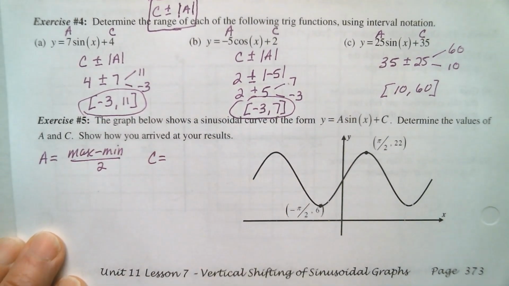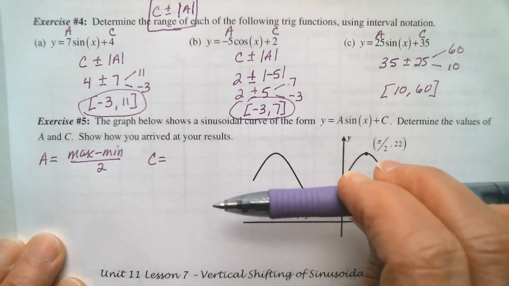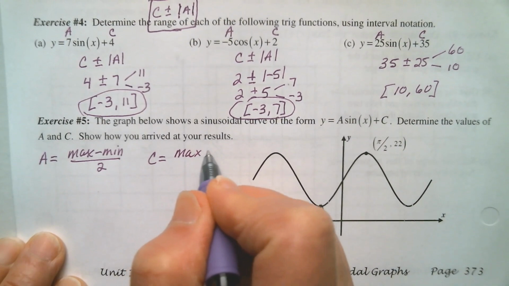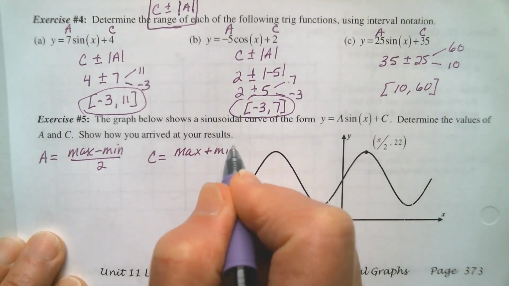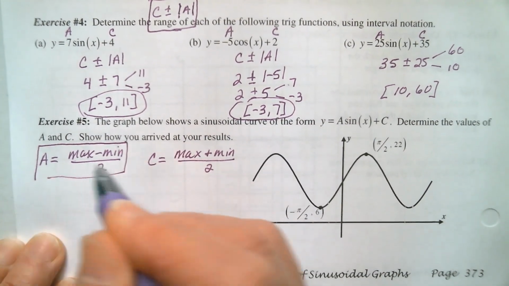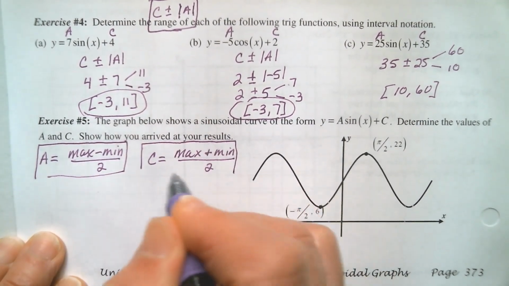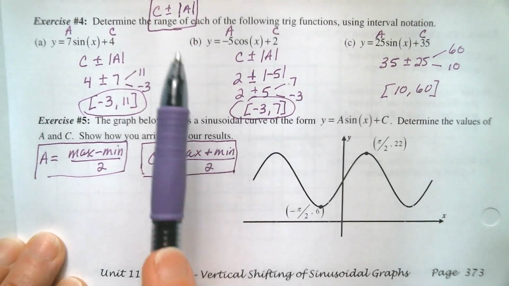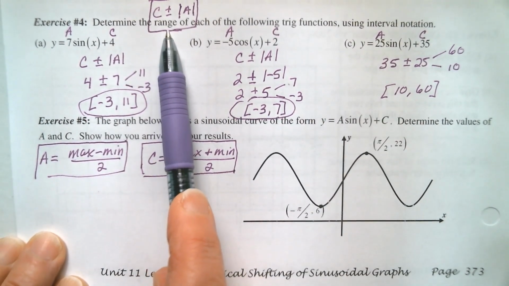C is the average, right? It's the midline, it's the middle. So the average of your max and min, so max plus min divided by 2. Memorize these, as well as memorize the formula for finding the range.